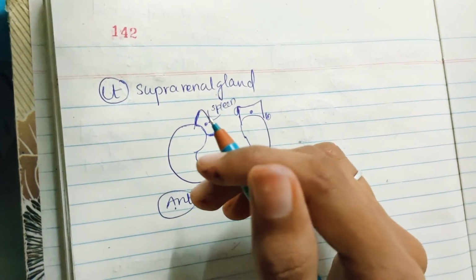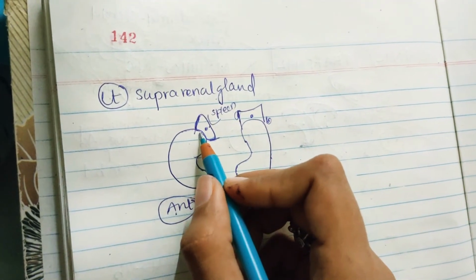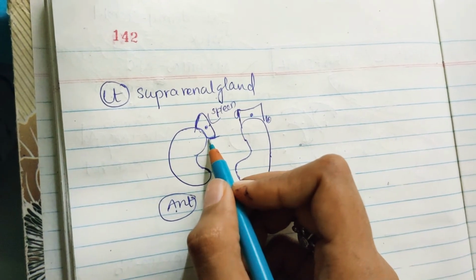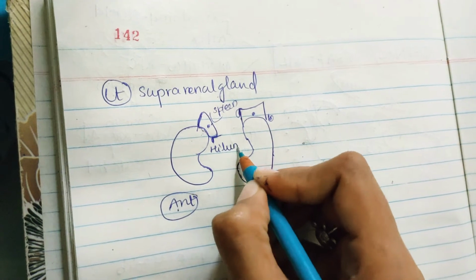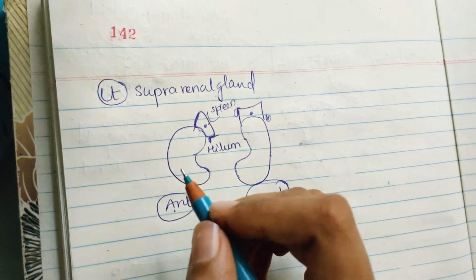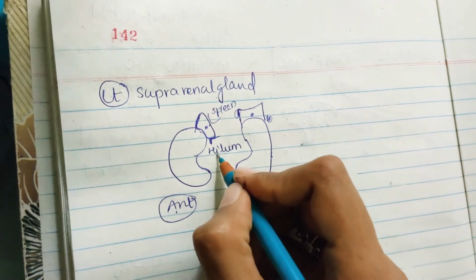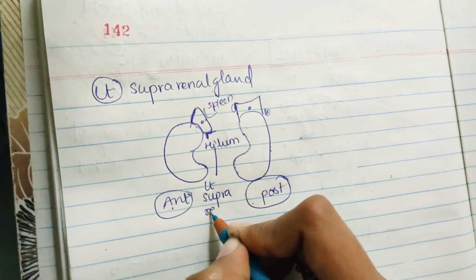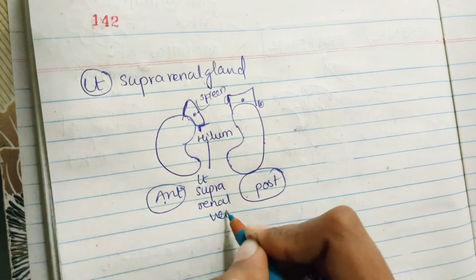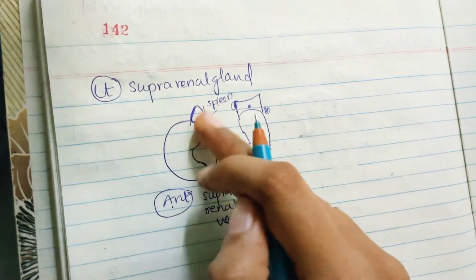and at the lower end is the hilum, through which the left suprarenal vein emerges. So the left suprarenal vein emerges from the hilum of the left suprarenal gland.